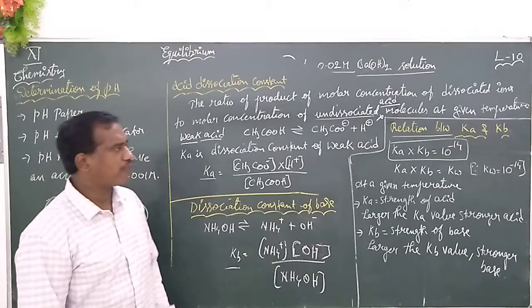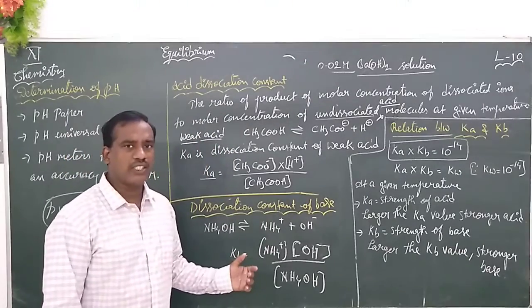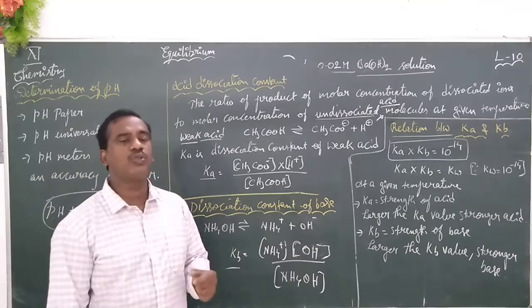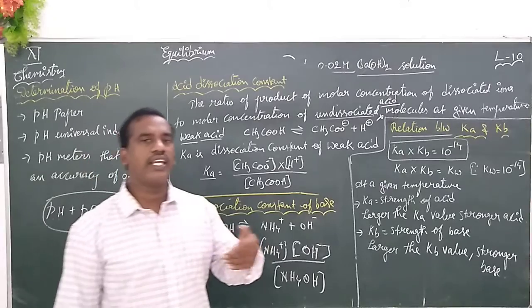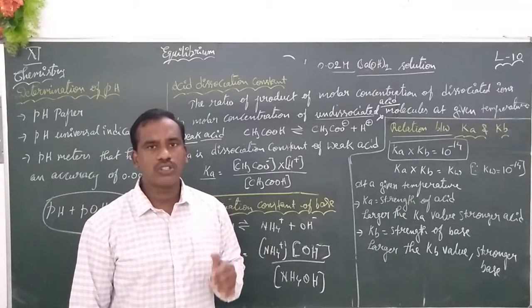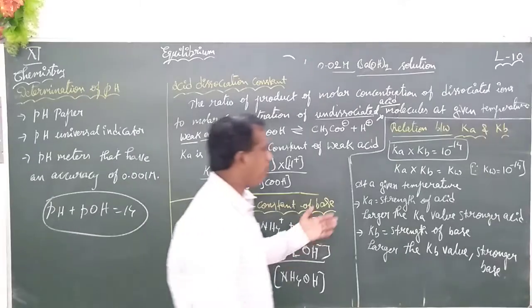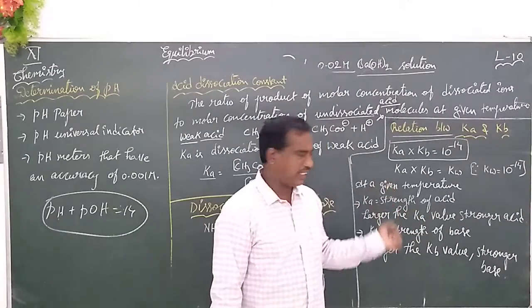Now what is the importance of Ka? What is Ka? The acid dissociation constant. It is used to determine the strength of the acid. When the Ka value is more, we can say the acid has more strength. At a given temperature, Ka determines the strength of the acid.